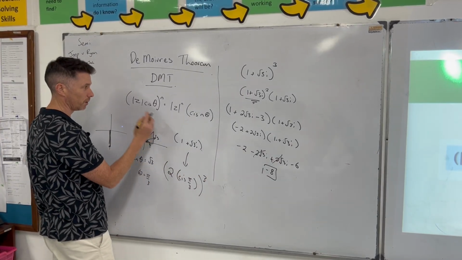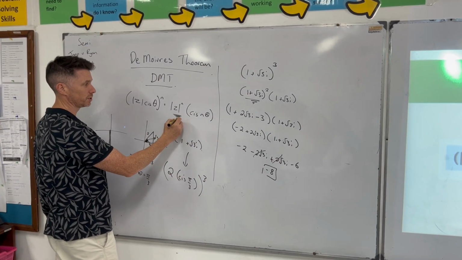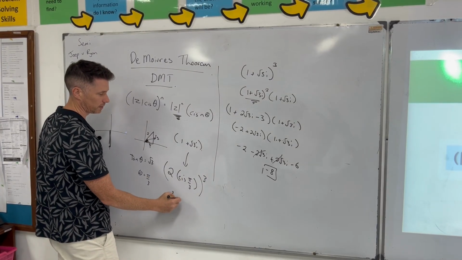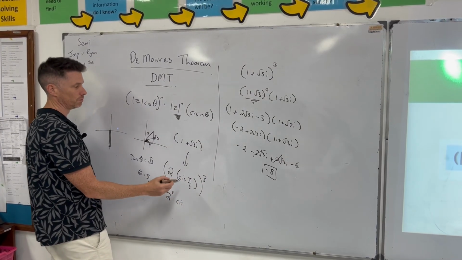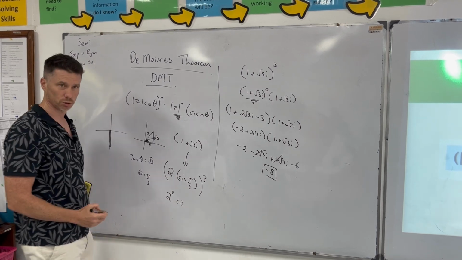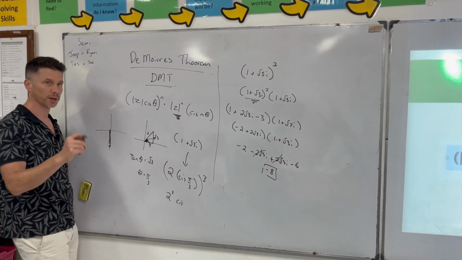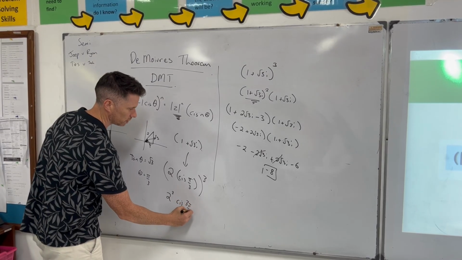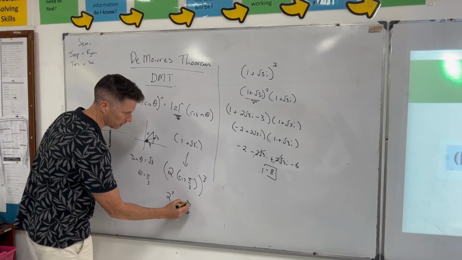Following this theorem, it's the modulus cubed, 2 cubed, and my angle gets multiplied by 3. Not cubed, multiplied by 3, because you're adding pi over 3 times. So that's 3 pi over 3, which is pi.